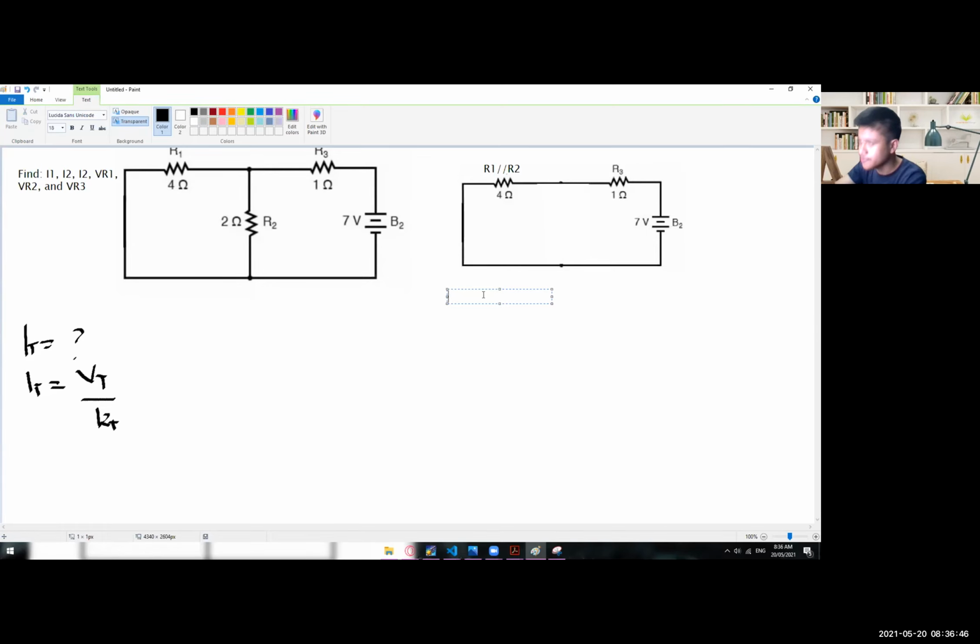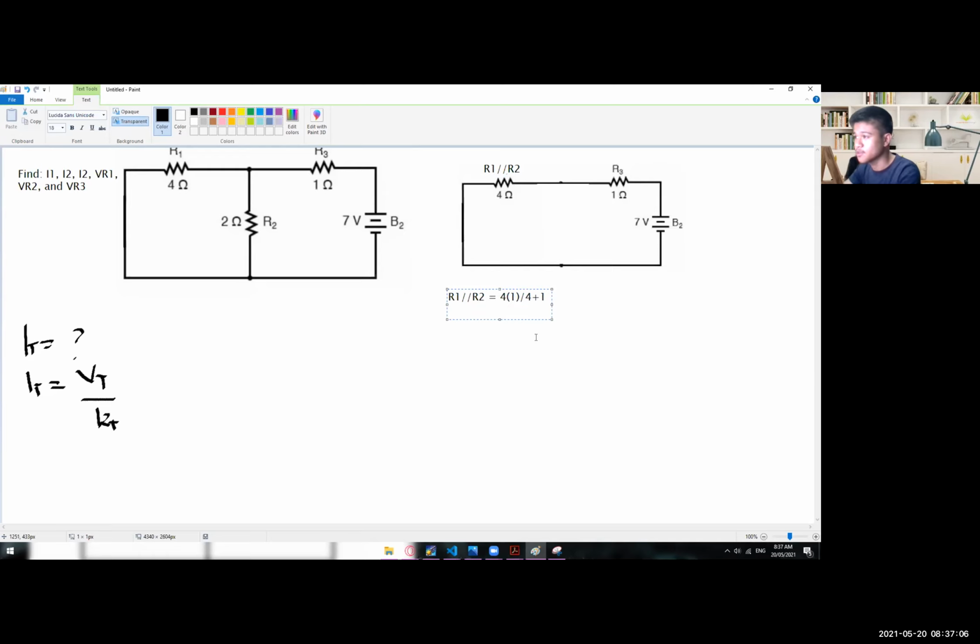All right. So in order for us to get the value of R1 parallel to R2, we need the formula. It's difficult to have a numerator and denominator regarding this one. Anyway, let's try. 4 times 1 divided by 4 plus 1.